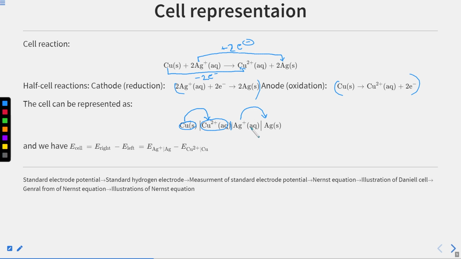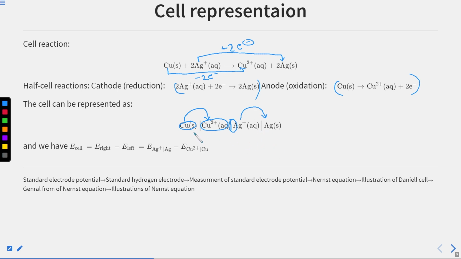Similarly, this is the phase boundary between aqueous silver ion and solid silver. In between we have these 2 bars which represent that both these compartments are kept apart or they are not mixed with each other, right?